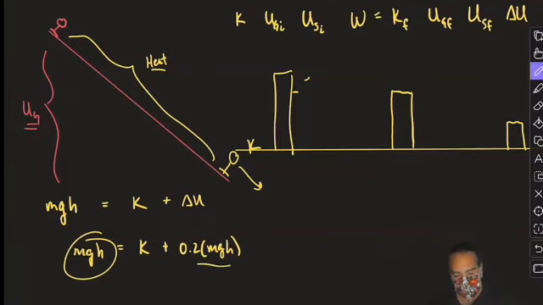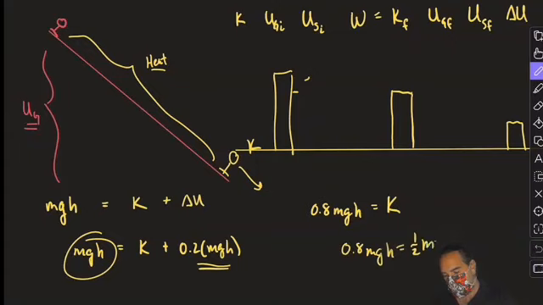If I subtract this from both sides, I will get 0.8 MGH equals kinetic. 80% of the original amount of energy is left over to become kinetic. That makes perfect sense. At least I hope it does. Either way, you set that equal to 1/2 mv squared. Recognize that you do not need the mass of the skier to do this problem and solve for V.